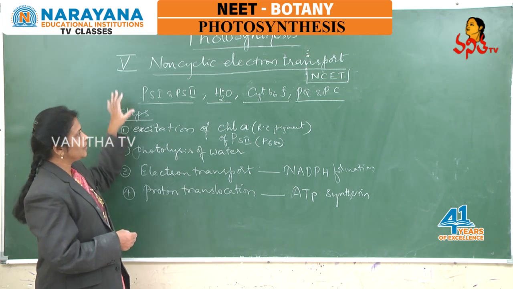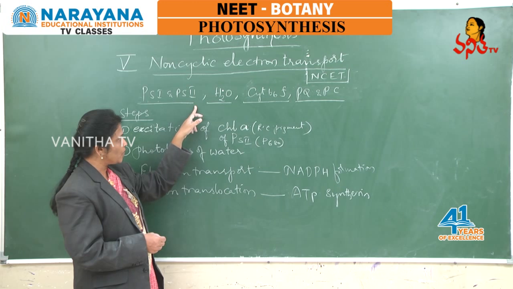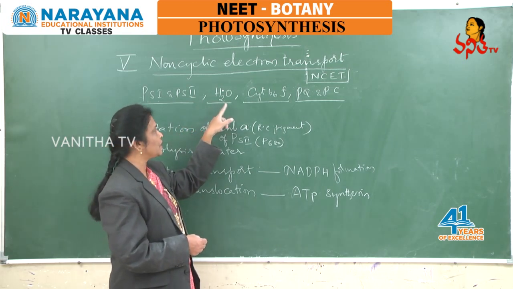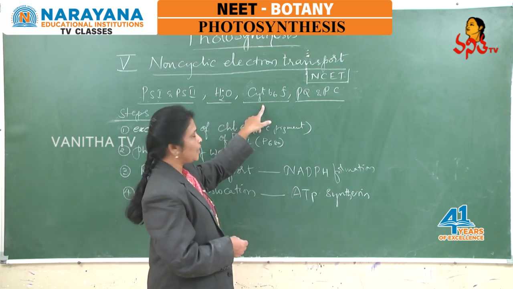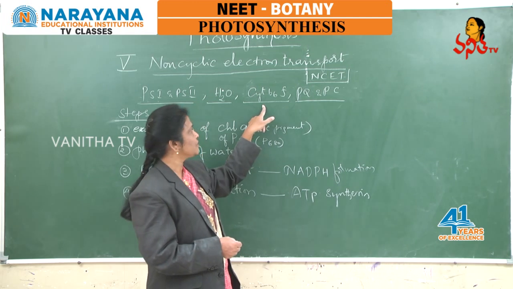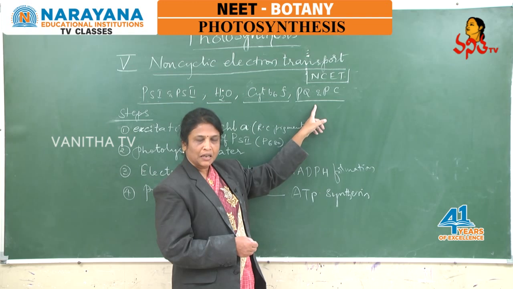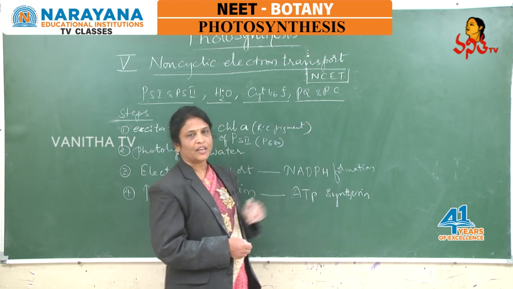And in non-cyclic electron transport, there is the involvement of PS2 and PS1, both the photosystems, as well as the water molecule that undergoes photolysis, splitting in presence of sunlight, and electron carrier complexes like cytochrome B6 and F. In addition, two types of mobile electron carriers are also involved, that is plastoquinone and plastocyanin.